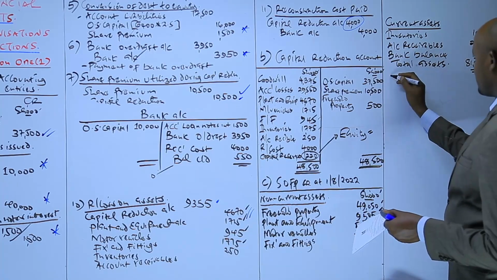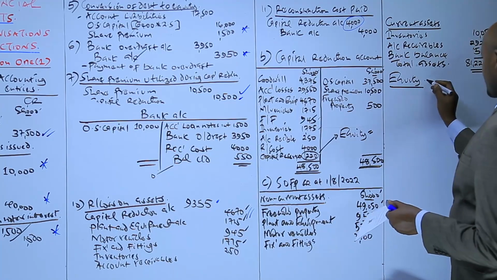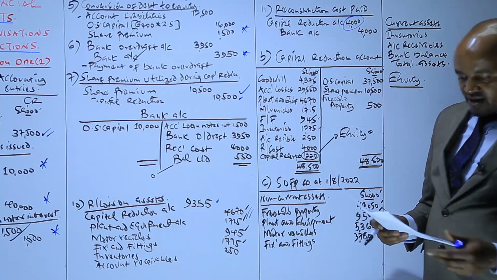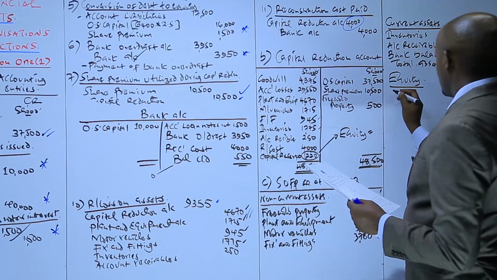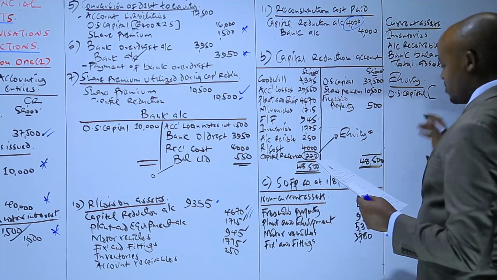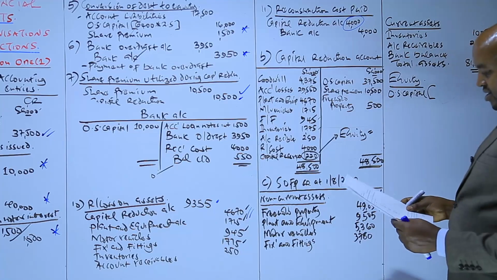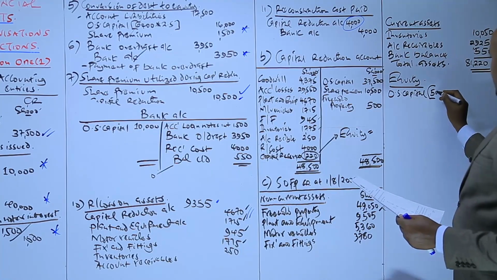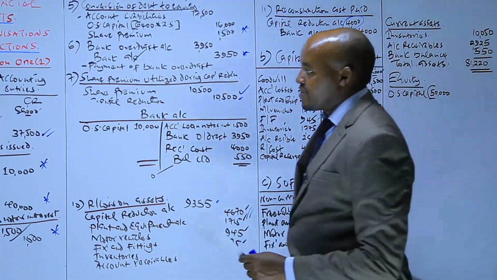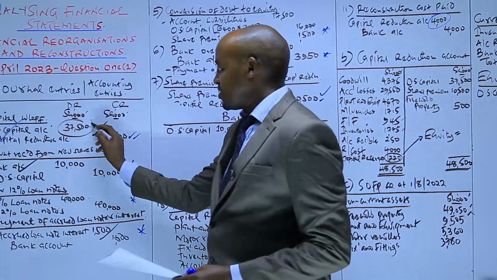Yes. So then from there we record the financing, which includes equity and liabilities. And still here we need to go back to the statement of financial position. We see which items of equity we have. The first one is ordinary share capital, but we need to compute the new balance in this particular account, because as per the statement of financial position we are given there, ordinary share capital initially was 50,000, but from what you're given here, we know share capital is to reduce by that particular amount.